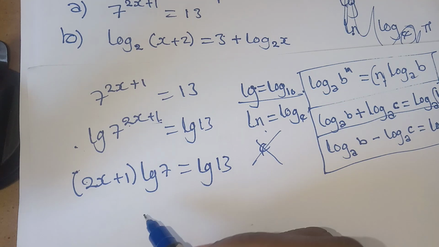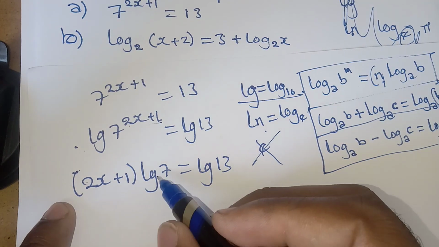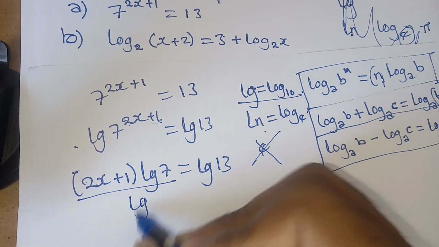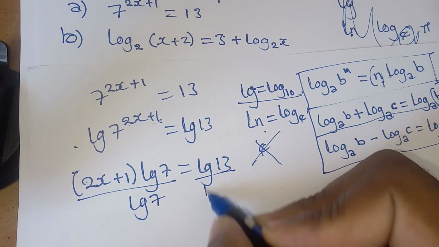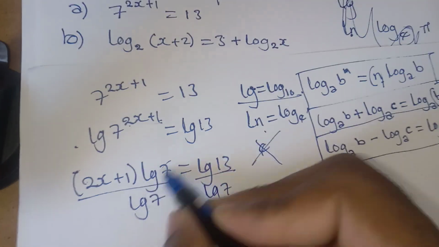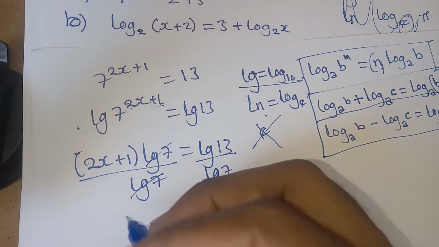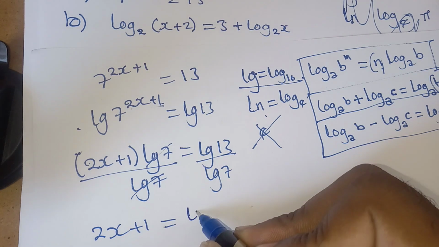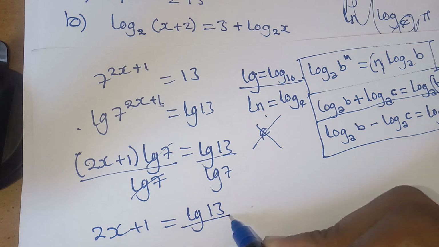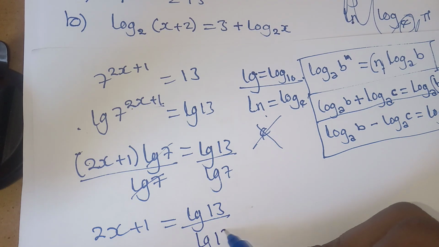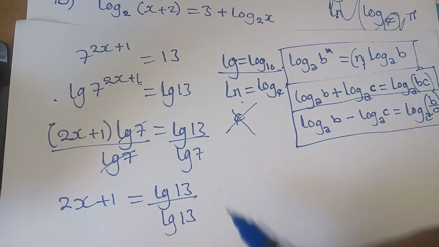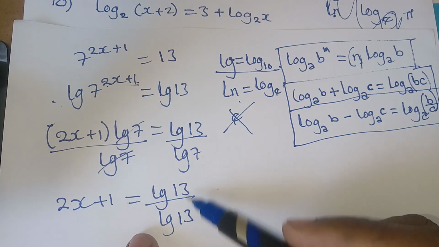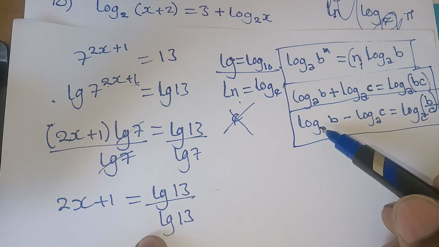So now at this point you can either expand this and solve for x, or you can simply divide both sides by common log 7 like this, so that you have 2x plus 1 is equal to common log 13 divided by common log 7. Now at this point, I know a lot of students will mix the rules.